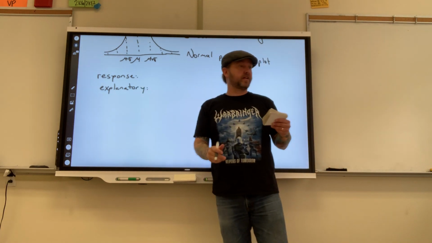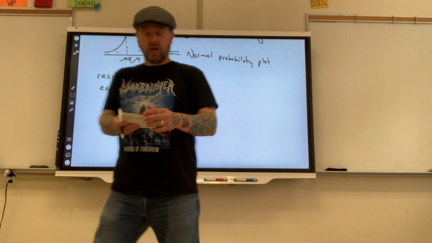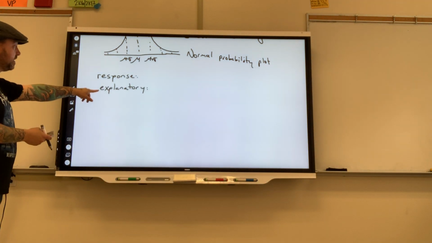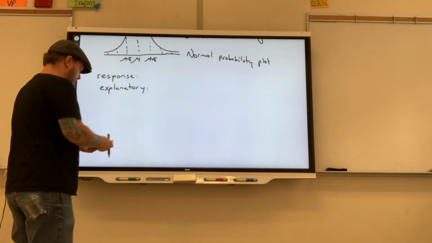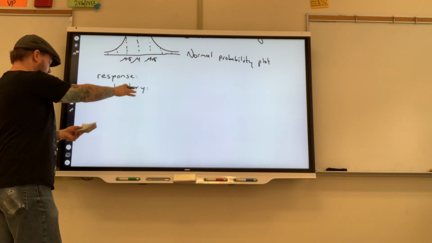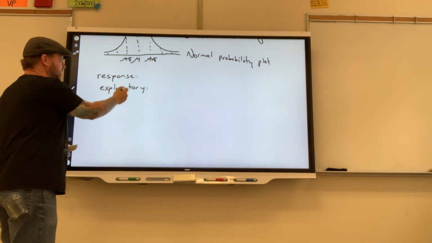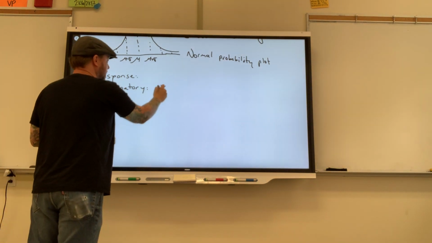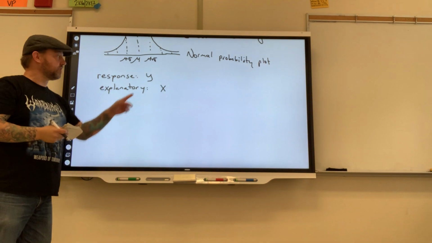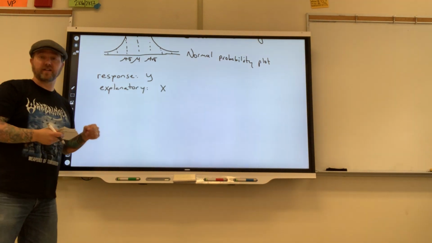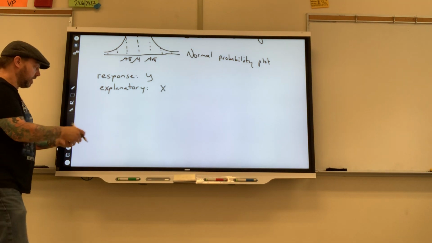So we have the response variable and the explanatory variable. One is the dependent variable. This is the independent variable. This measures the results of a study. This explains the observed outcomes. This one's X, this one's Y. It's easy to remember. Explanatory has an X in it. Response does not have an X in it. Got it? Cool. All right.